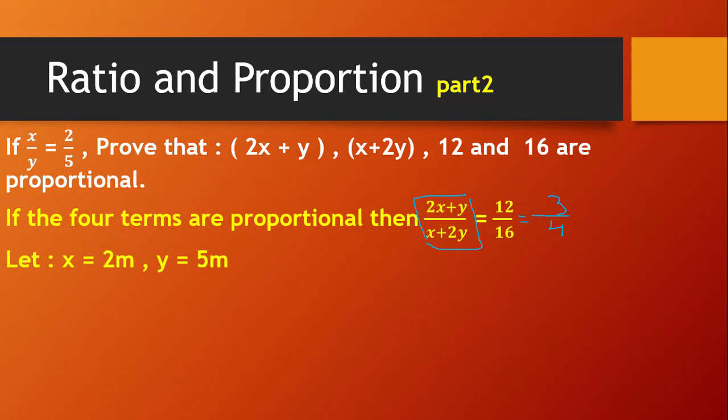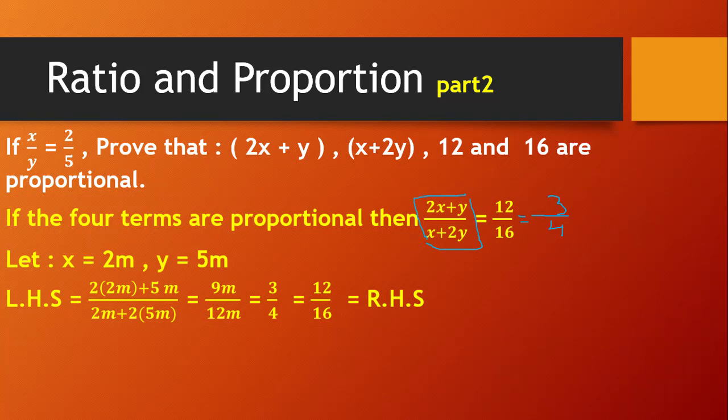I'll assume that x equals 2m and y equals 5m. Then I substitute here. Instead of x, I write 2m. Instead of y, I write 5m. So I have 2 times 2m plus 5m over 2m plus 2 times 5m.